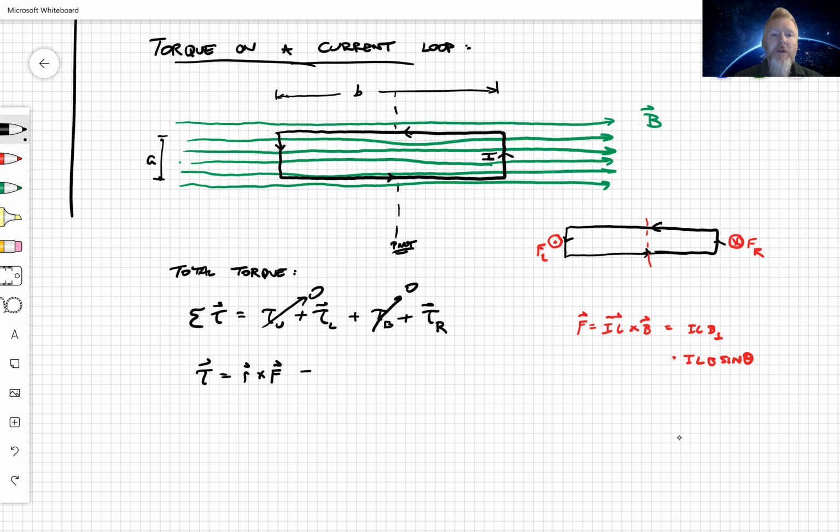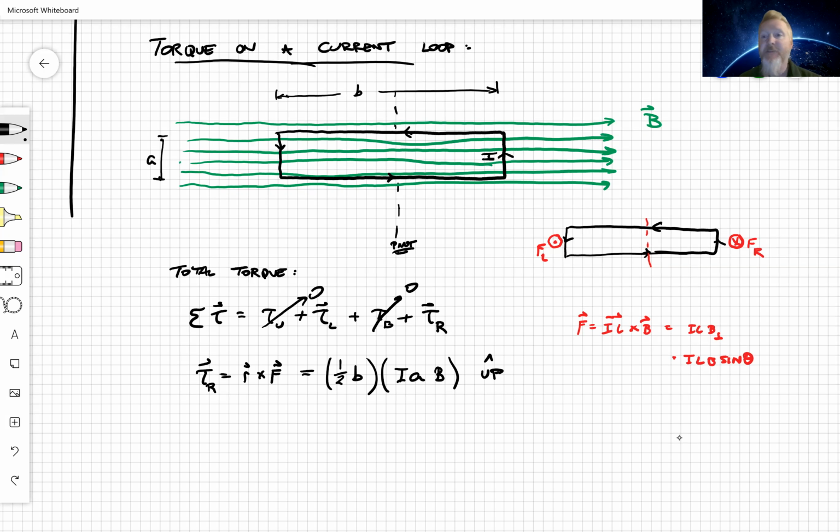So the torque in this case is going to be 1/2 b. Let's suppose I'm going to find the torque on the right side here. The R is 1/2 b out to the force, and the force F is I times L, and the L of the side here is a, and B is the size of the field, and this is going to be in the up direction.